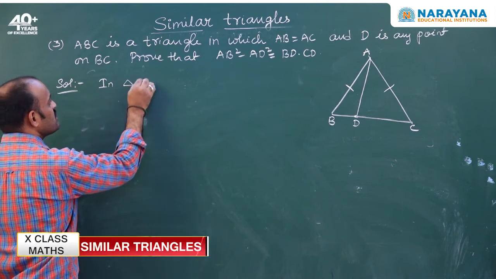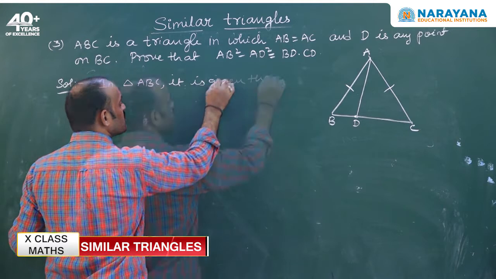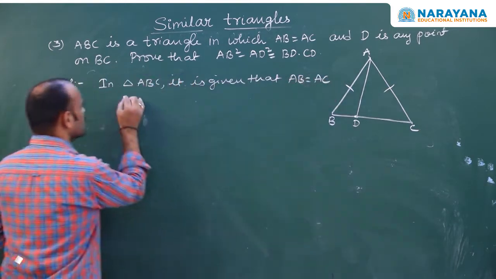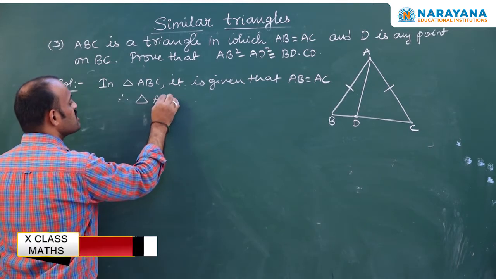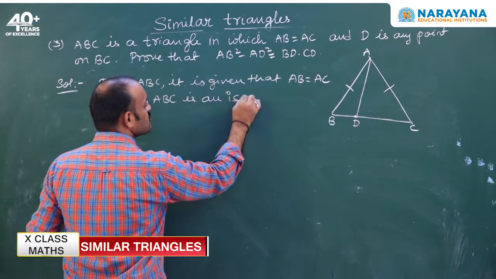In triangle ABC, it is given that AB is equal to AC. Therefore, triangle ABC is an isosceles triangle.